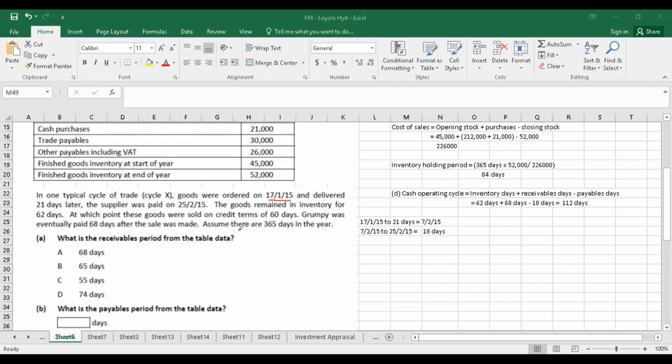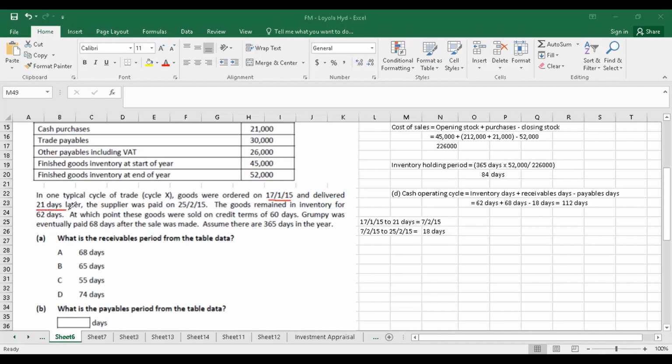So also at the time of purchase of material from the suppliers, orders were placed on 17/1/15, but 17/1/15 is not important. The realization concept says that when the goods are actually delivered, the ownership rights of that transaction transfer. That's the date of realization, and the goods were delivered 21 days later.